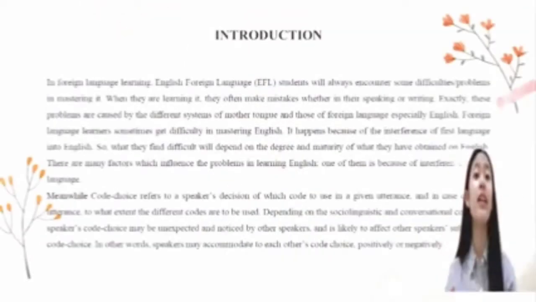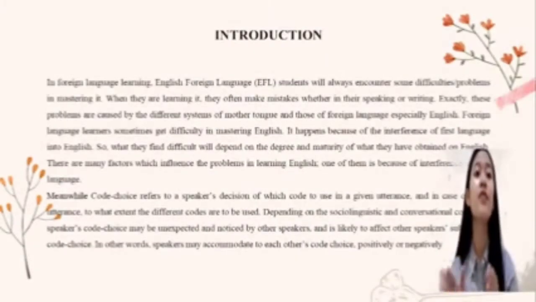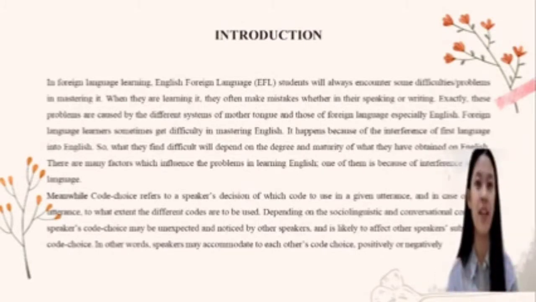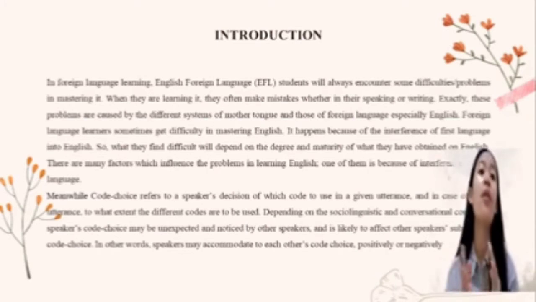In English as a foreign language, students will always encounter some difficulties or problems in mastering it. When they are learning it, they often make mistakes, whether in speaking or in writing. Exactly. These problems are caused by the different systems of the mother tongue and the foreign language, especially English.